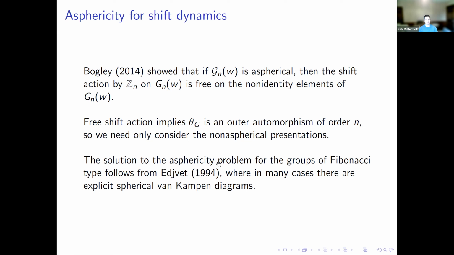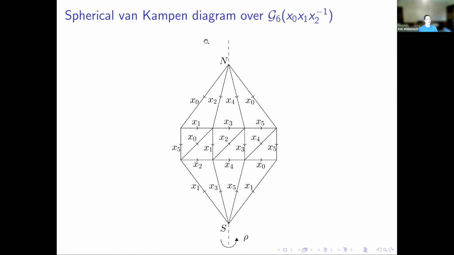Let me just give you one example for today. Look at a spherical van Kampen diagram here for the Fibonacci group where n is 6. I want you to think about this as a tessellation of the two-sphere. Each face must be labeled by a relation, with oriented edges.